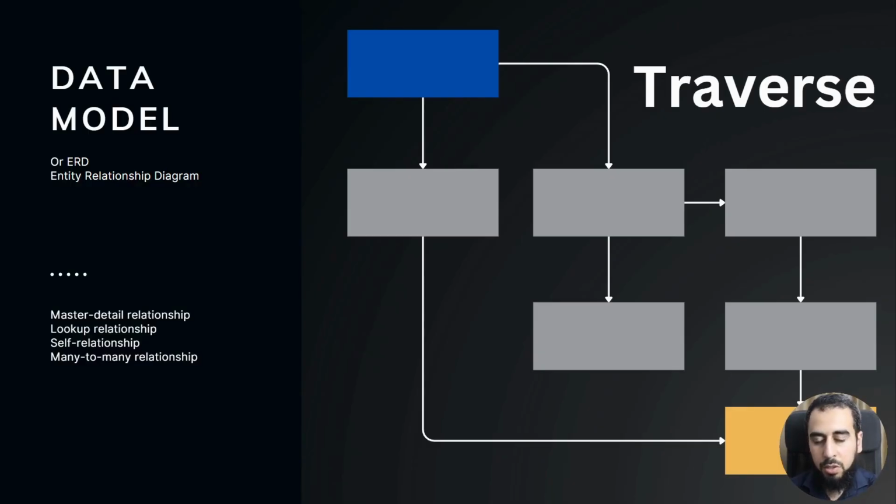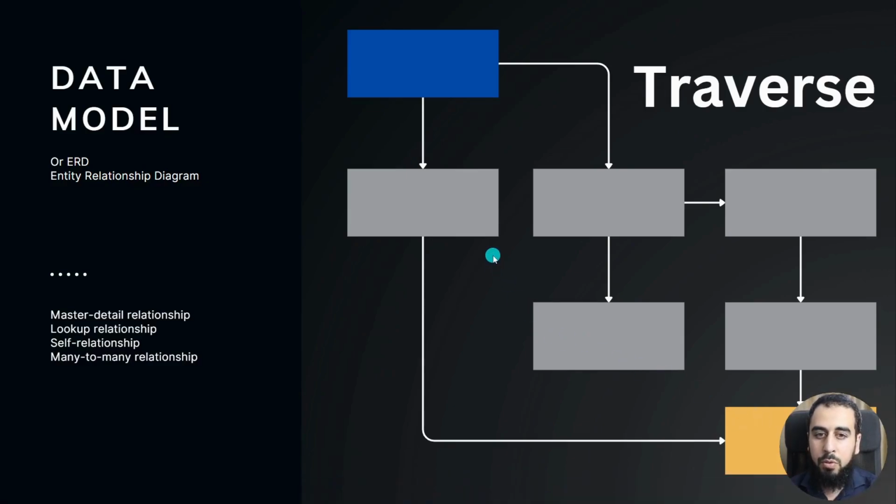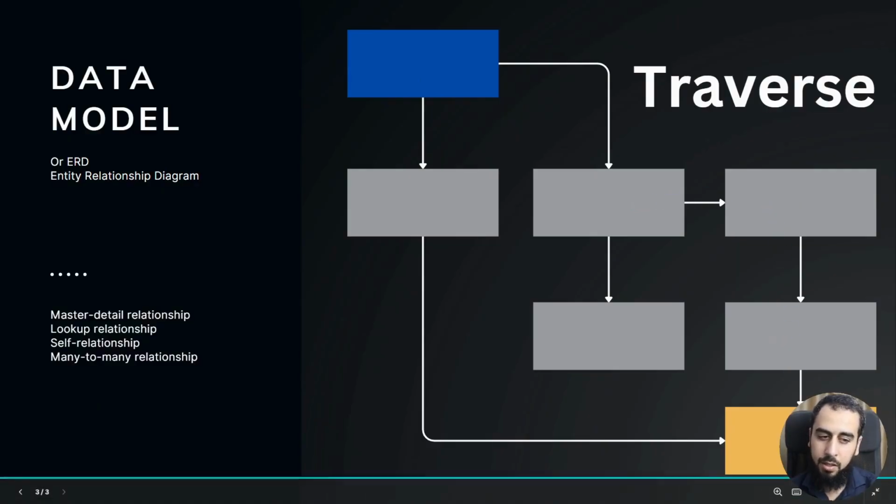The reason you need to understand relationships very well is because in the flow, you will be doing a lot of traversing. Traversing meaning that if you need to update some data on the yellow record here, but this flow is starting from this blue record, then you're going to need to go from this blue record to this record, and then to this record, and then to this record, and then to this record.